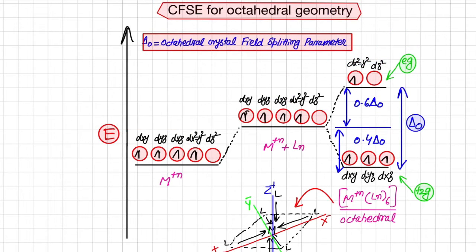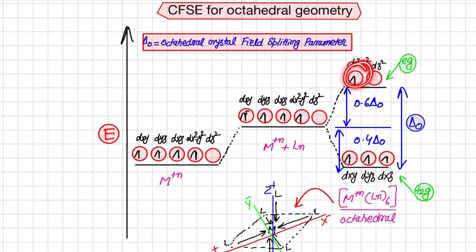In the case of the d4 system for weak field ligands such as halogens, water, etc., the fourth electron will be placed in dx²-y² and dz², because in the case of weak field ligands this gap is not so much greater. So the orbitals will first be filled singly, as these three orbitals are filled singly.